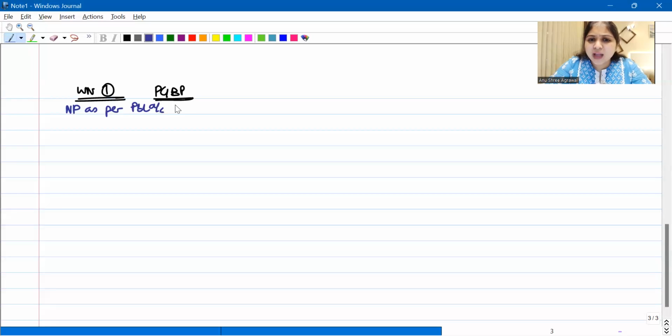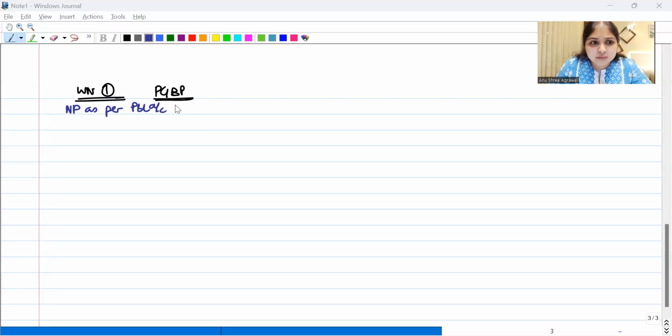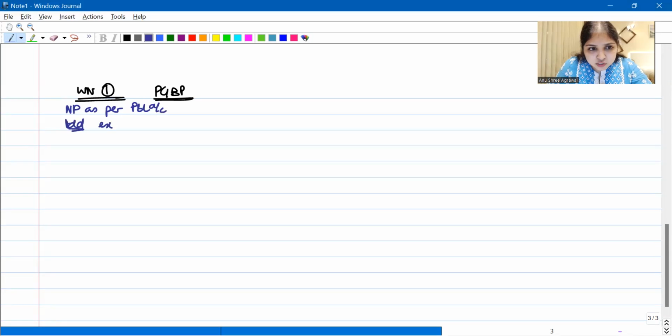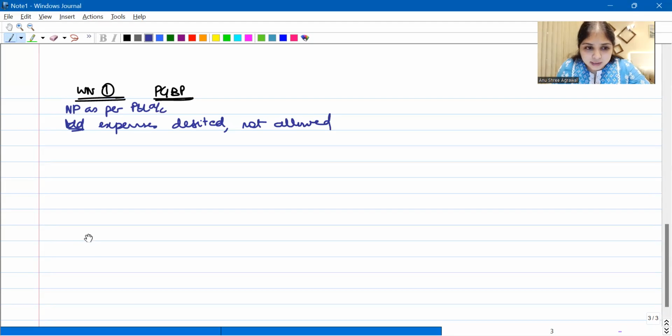Then what do we add? As usual, guys, your usual steps. We'll add expenses which are debited but not allowed. Then we'll add incomes which are not credited but taxable.